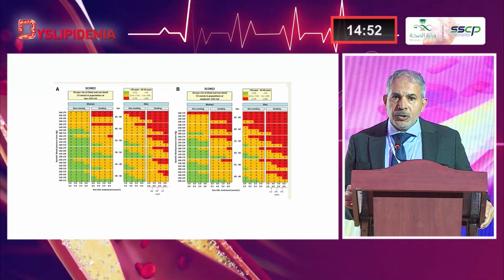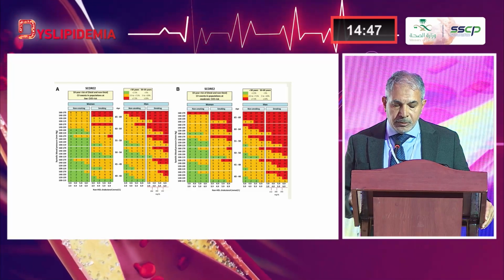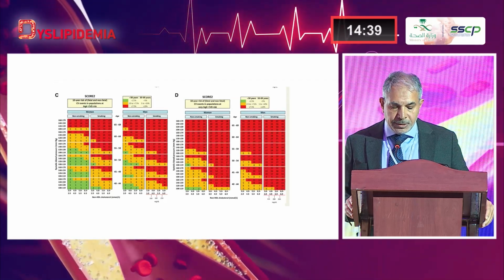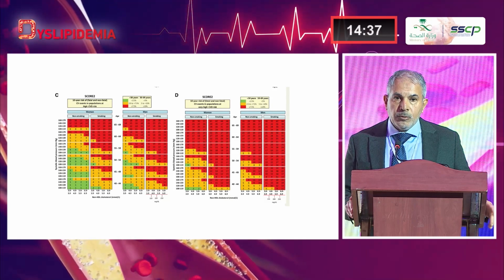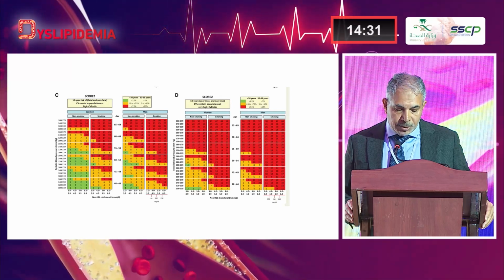The charts are expressed in 4 charts: A for the low risk areas, B for the moderate risk area, C and D for the high and very high risk areas. They all follow the same format. Vertically, you see 6 age categories from 40 to 69.